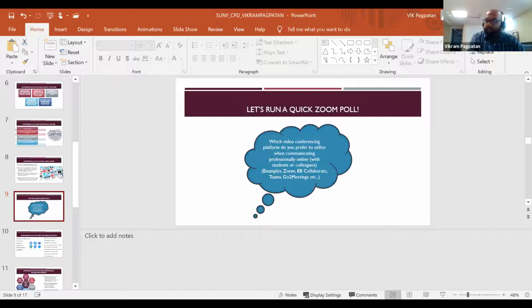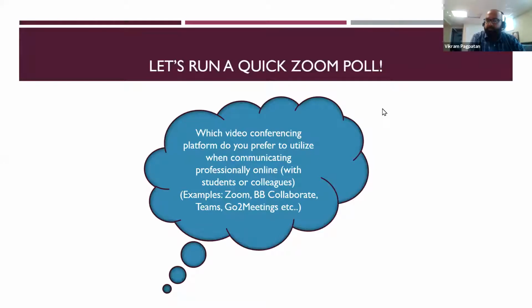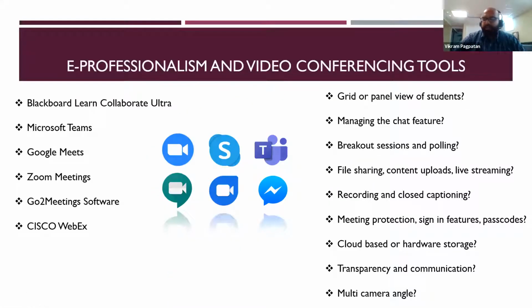So moving forward, get back to slide mode. Okay, so this goes to my next slide in regards to video conferencing tools. What I'm trying to do today is not to get too subjective in terms of perceptions and individual specific experiences, but rather to look at video conferencing tools and e-professionalism through a very objective lens.